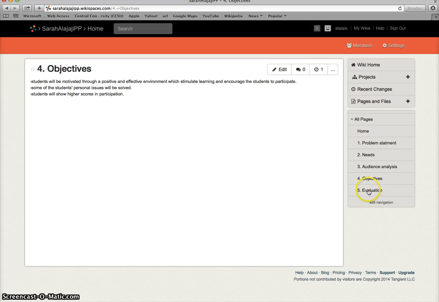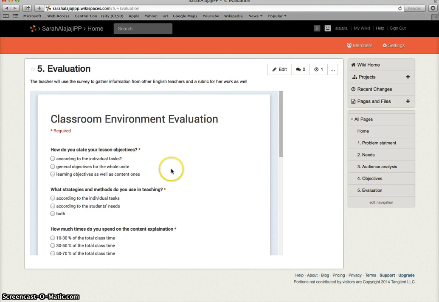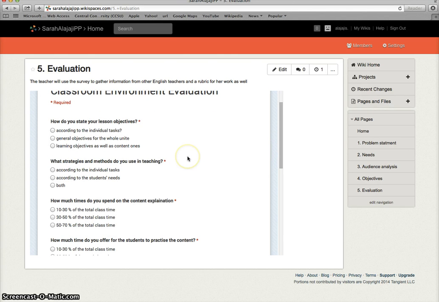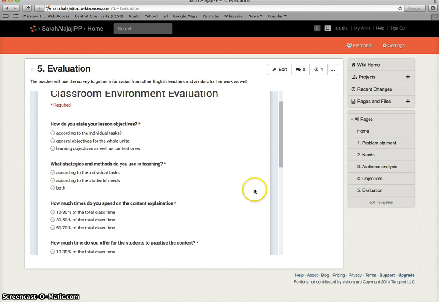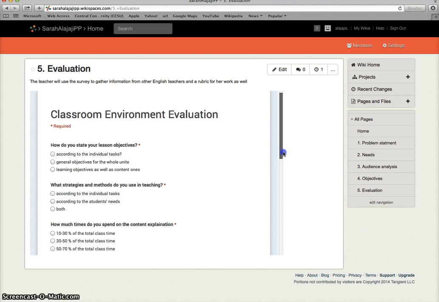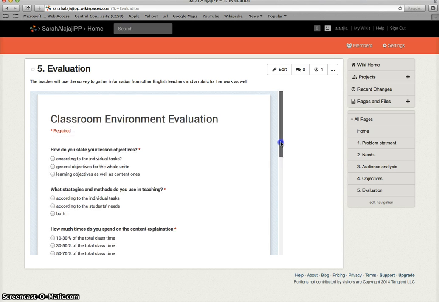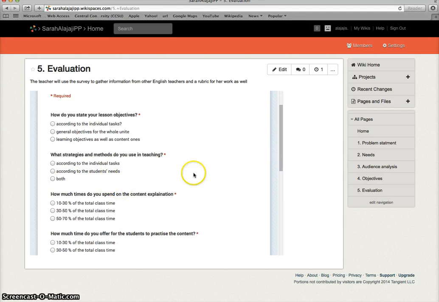Then the evaluation could be a quiz or... Is this for teachers or is this for students? For teachers and for me. Okay, so then you can have the teachers evaluate. This would be more part of the audience evaluation.